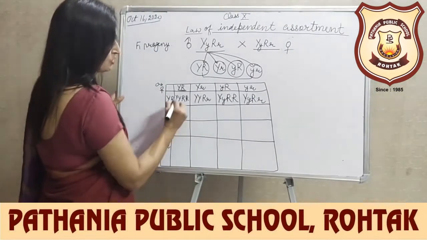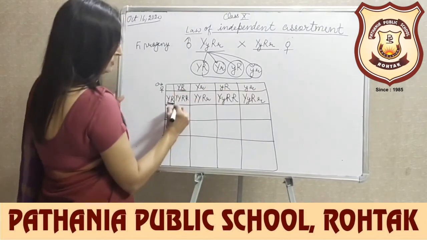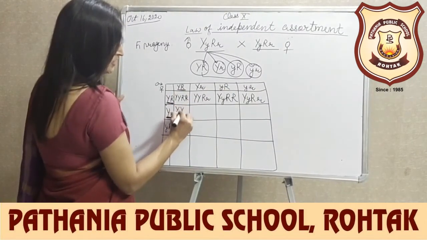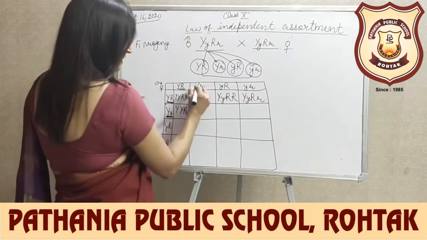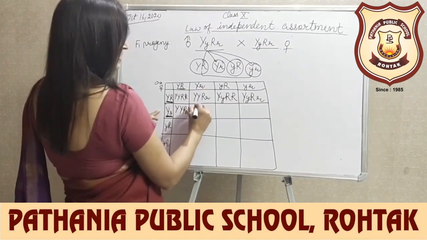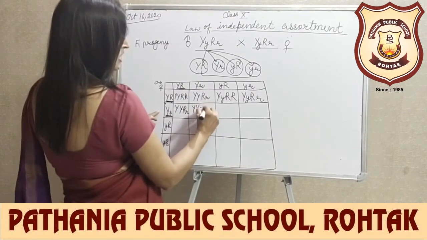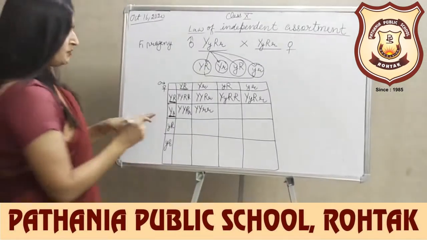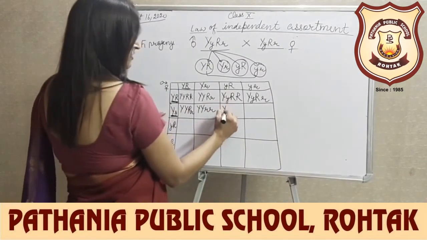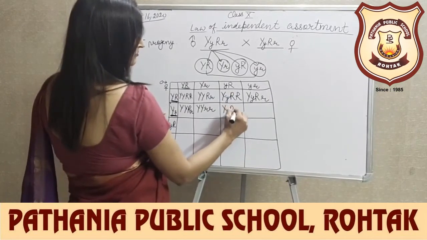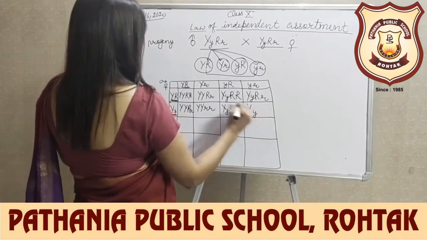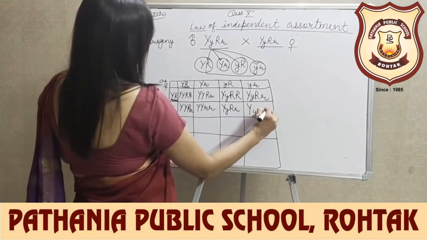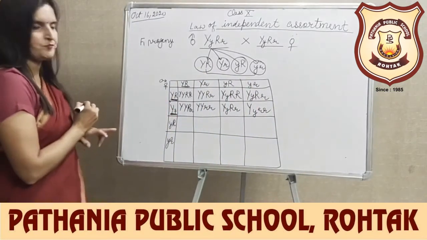Now this is crossed with all of them. Capital Y, capital Y, capital R, small r. This is capital Y, capital Y, small r, small r. This is capital Y, small y, and this is again capital Y, small y, small r, small r.